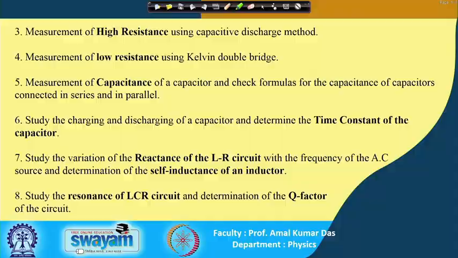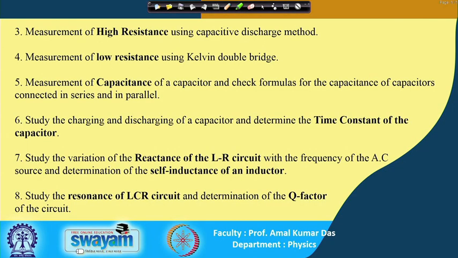If it is milli ohm, micro ohm, we say it is a very low resistance, and in between there is some other resistance. Here we will demonstrate how to measure high resistance, how to get its value. There are different methods, but here we will use the capacitive discharge method.